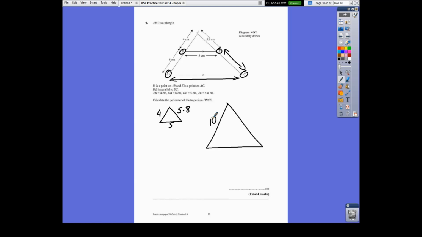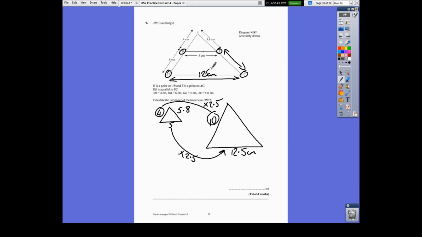And we can use that to work out the scale factor. So to get from 4 to 10, we are multiplying by 2.5. Which means that to get from 5 to the size of the bottom, 5 times 2.5 would be 12.5 centimetres for the bottom of that trapezium.